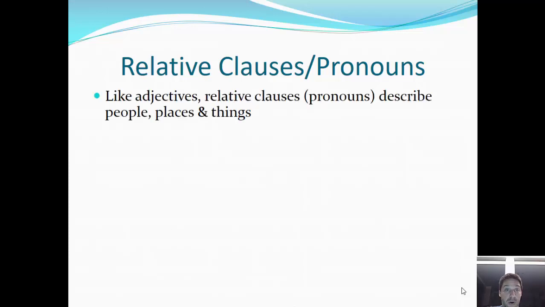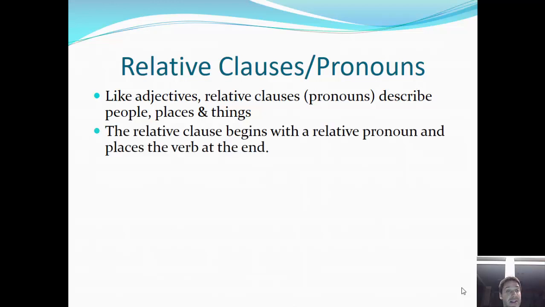These relative pronouns are like adjectives. They describe people, places, and things. The relative clause will begin with the relative pronoun, and this sends the verb to the end. We've already been introduced to this concept with subordinate clauses, or with a two-verb sequence, where a modal verb as verb 1 sends verb 2 to the end.